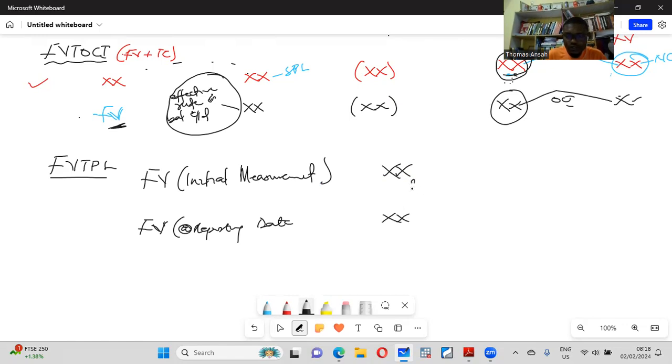So any difference between these two is going to the SPL. All right. So that is that, whether loss or gain. It is called gain or loss on revaluation. And it is going to the SPL.